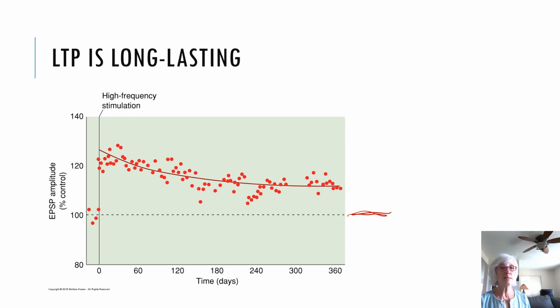And we see that it's lasting 360 days. So that's a year. Now, I'm going to talk about the different things that are needed in order to make this LTP last that long, because it's not necessarily automatic.